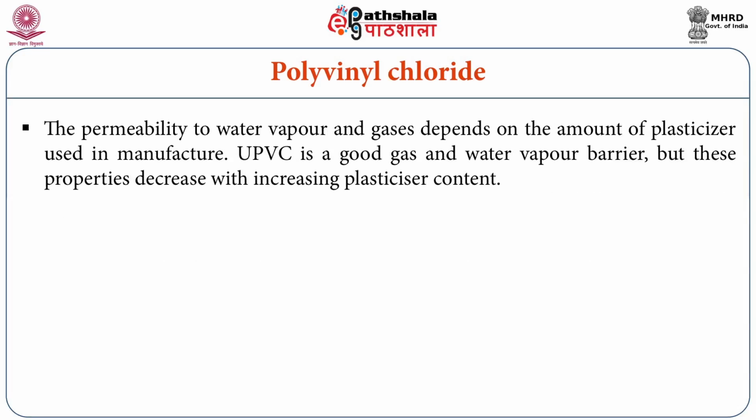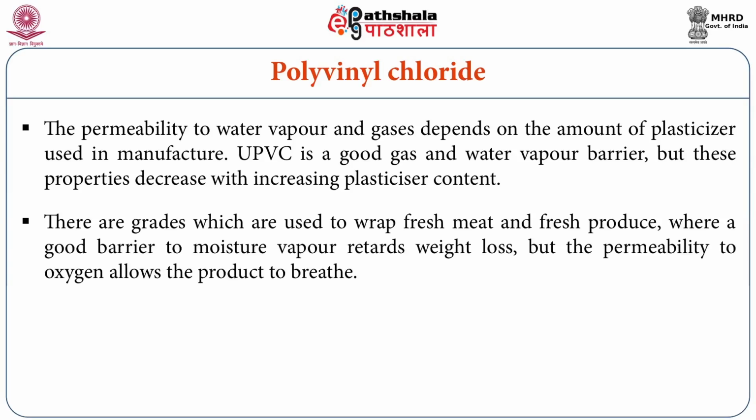The permeability of water vapor and gases depends on the amount of plasticizer used in manufacture. UPVC is a good gas and water vapor barrier, but these properties decrease with increasing plasticizer content.